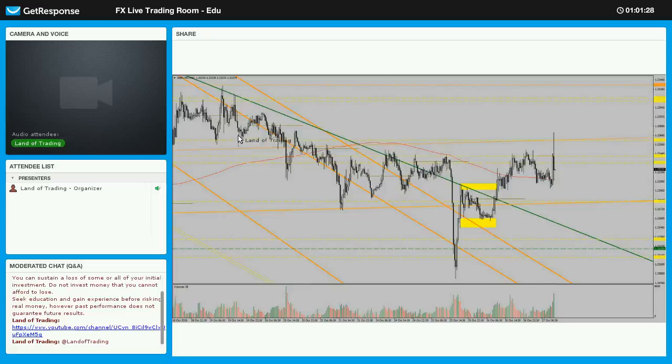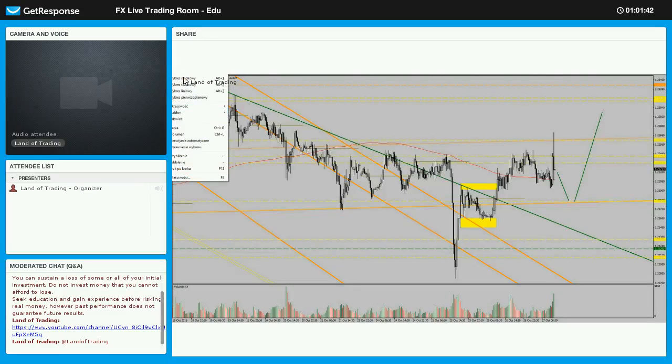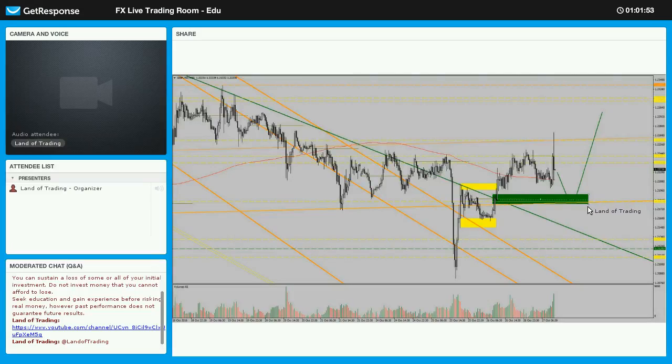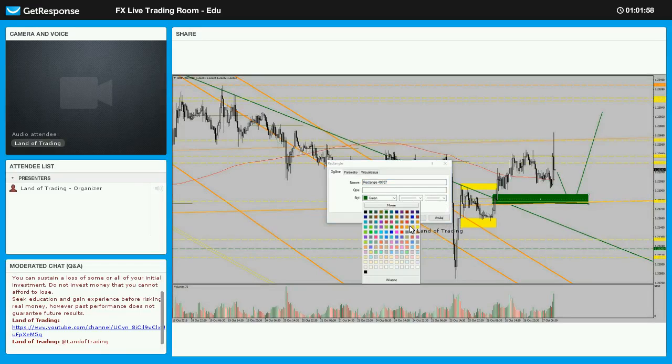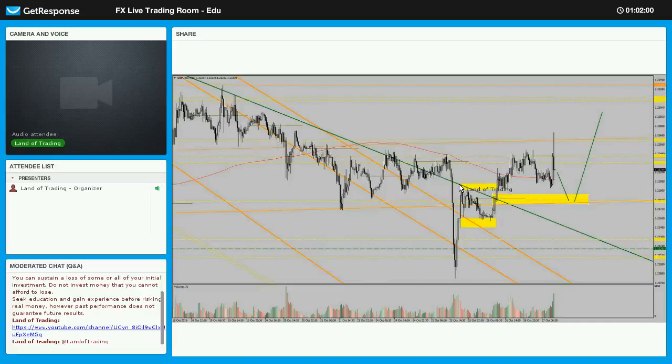The current price action is telling me that we've got the chance to go even lower. And we may retest this demand zone.